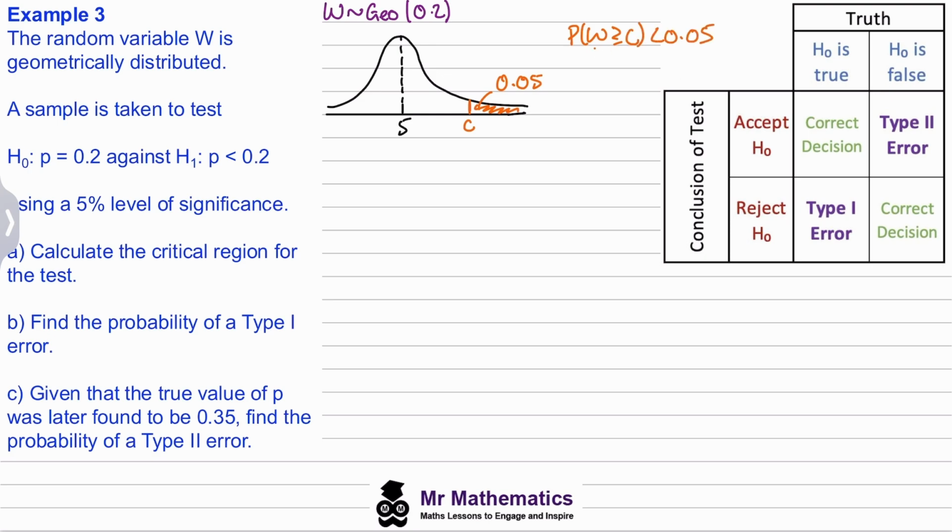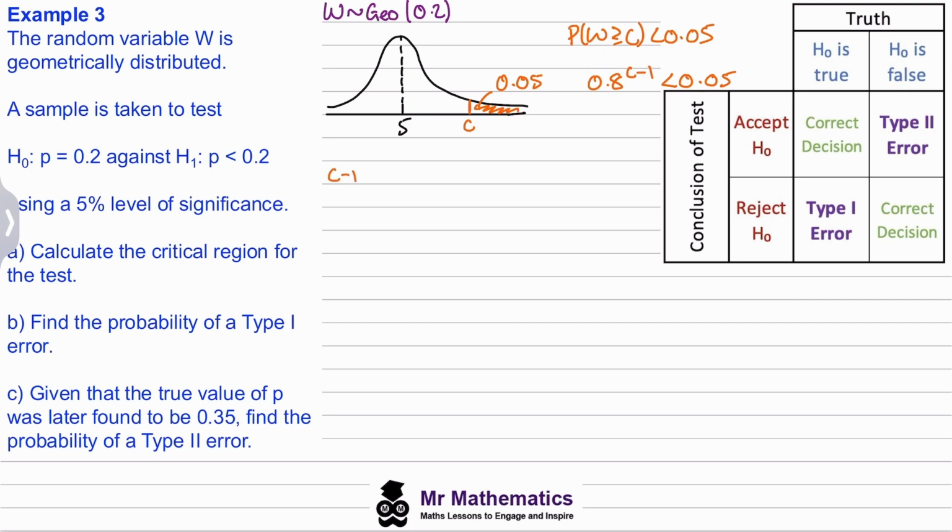And we know the equation for this, we covered in hypothesis testing. This will be 1 minus p, so 1 minus 0.2 will be 0.8, to the power of C minus 1, will be less than 0.05. If you're not sure how I covered this, you should check out my video on hypothesis testing with geometric distribution. Now we can use logs to bring this power down.